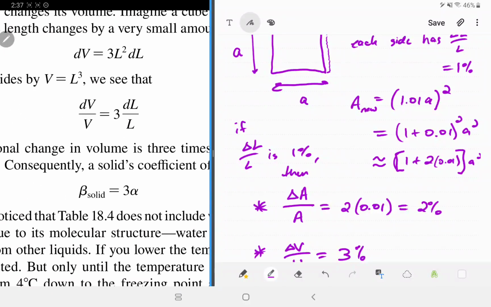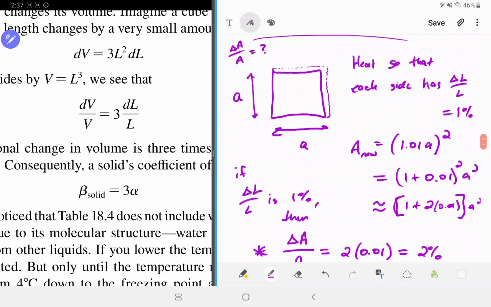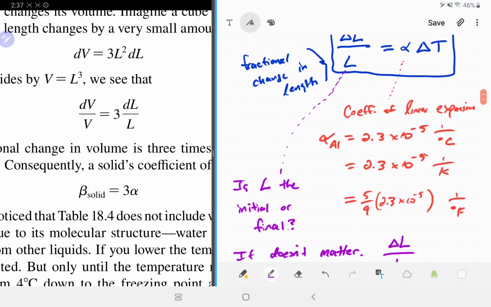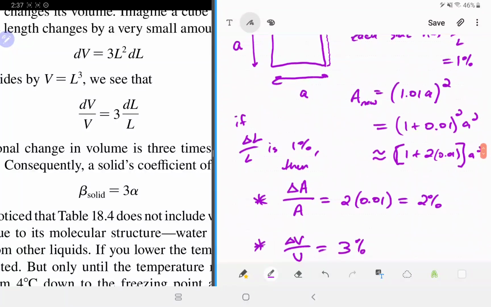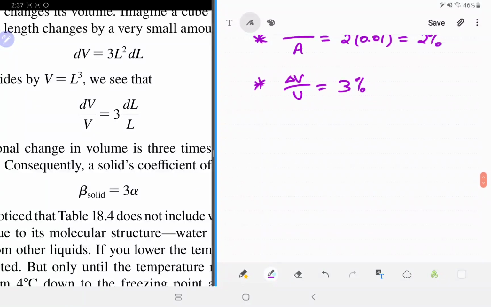What we're working towards here is that there's a relationship between the thermal coefficient of linear expansion and the thermal coefficient of volume expansion. So another key equation that we want to know is that delta V over V is equal to a constant times delta T, again. And this constant, we normally use the letter beta for it, the coefficient of volume expansion.